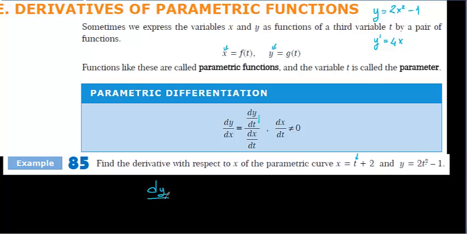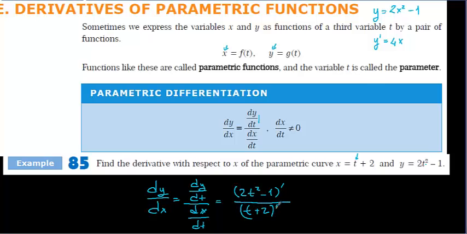So if I need to find dy over dx, I have to find dy over dt and dx over dt. This means 2t squared minus 1 derivative with respect to t; you should think of t as x. In the previous questions we were solving with respect to x. That's why in a parametric function t becomes x somehow. We can say it like that. And t plus 2 derivative.